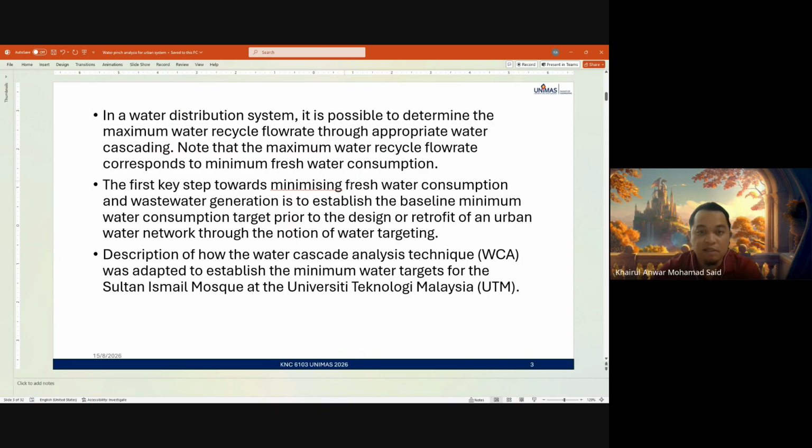The first key step toward minimizing freshwater consumption and wastewater generation is to establish the baseline minimum water consumption target. So this baseline minimum water consumption is what you learned before in the previous slide, in which we target for the scrubber a certain value.